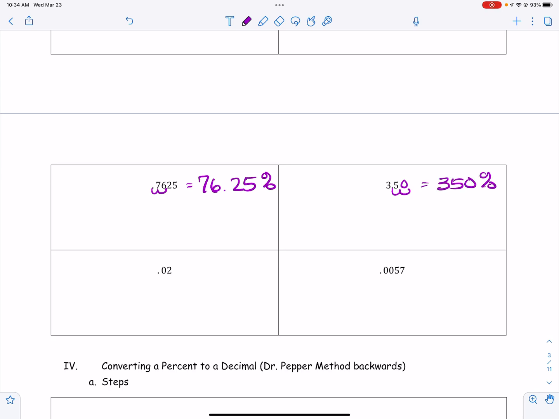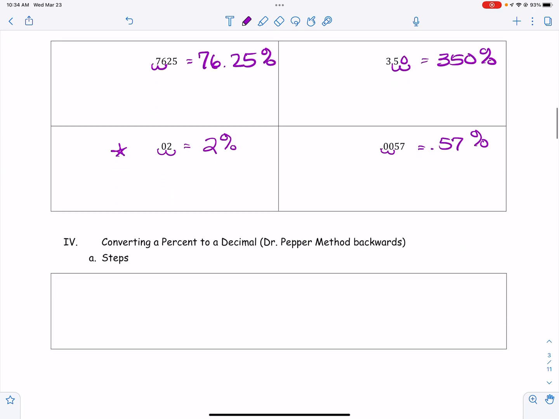So we can obviously have more than 100%. We can also have less than 1%, which we'll see on the last problem. Now, this one often gets students confused going the other way, but 0.02 is 2%, and this becomes 0.57%.